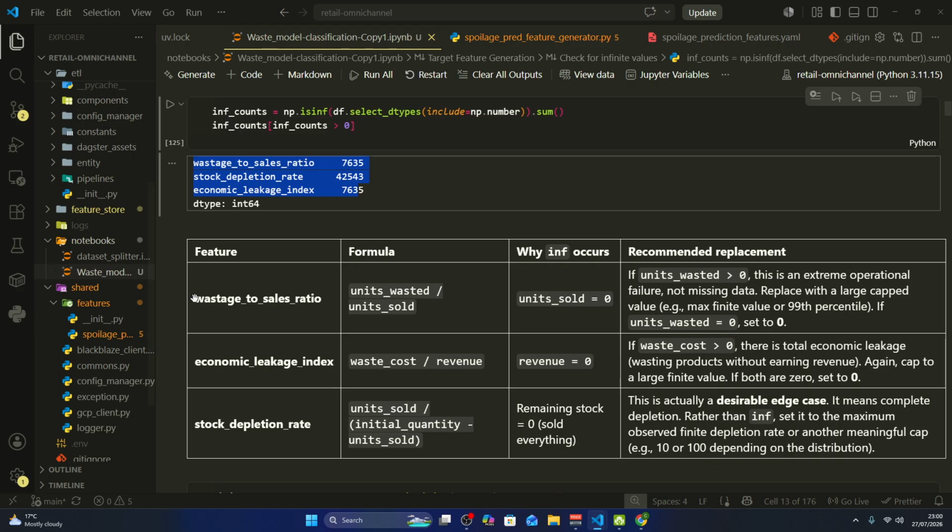We do the same for the economic leakage index. So waste cost divided by the revenue. If we didn't sell any units, that means the revenue will be 0. Then if we divide the waste cost by this, again it will be an infinite value.